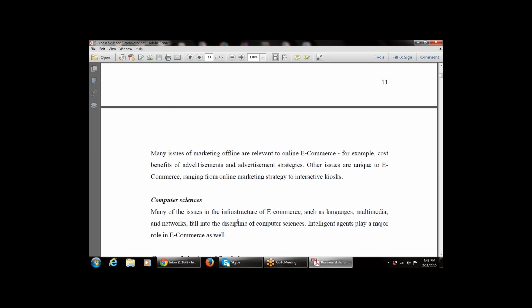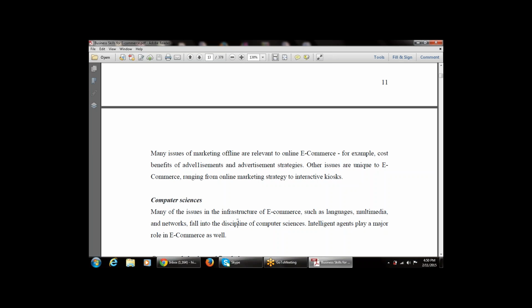Which language is used? Either C, C++, or Java. That is a programming language. Then multimedia and network fall in the discipline of computer sciences.